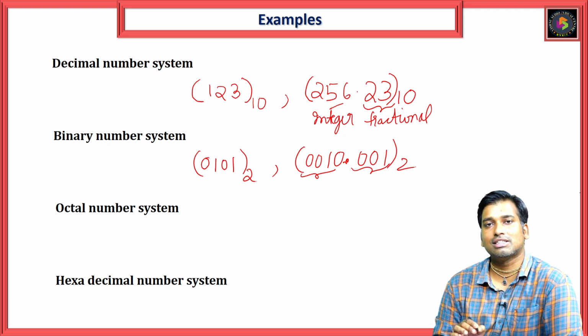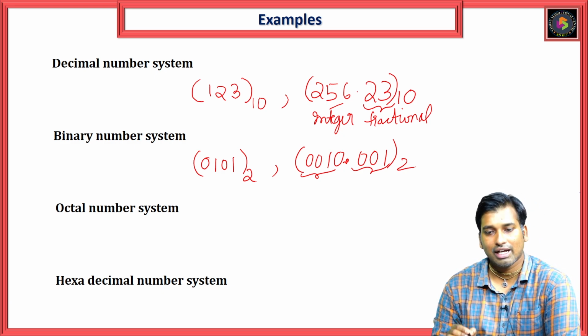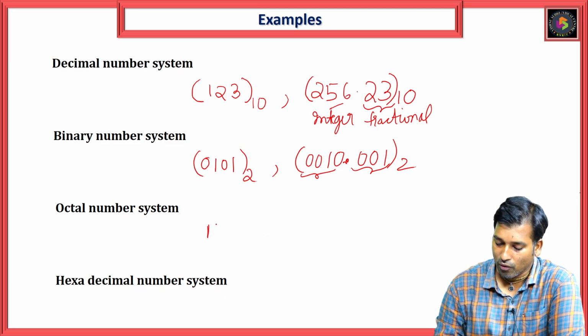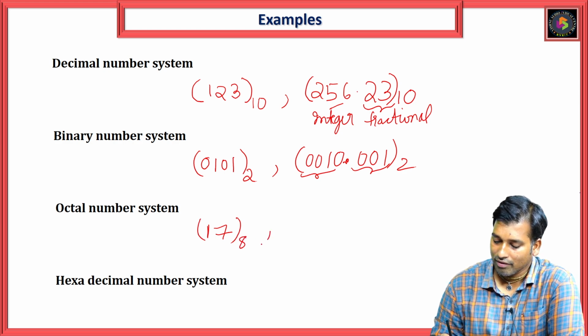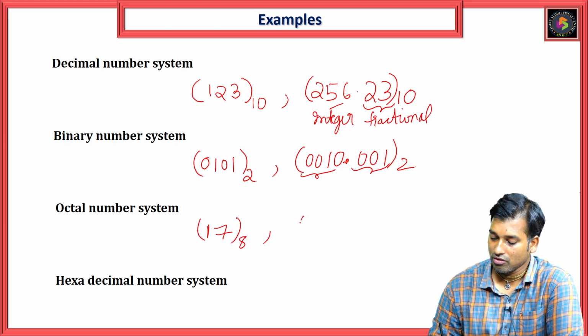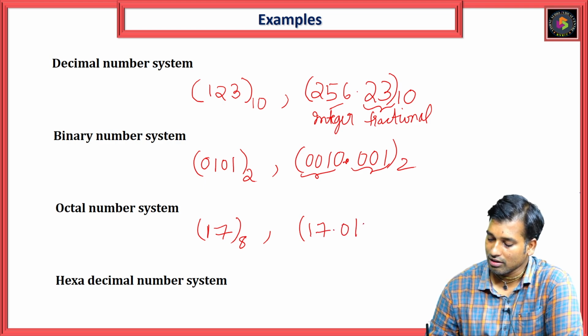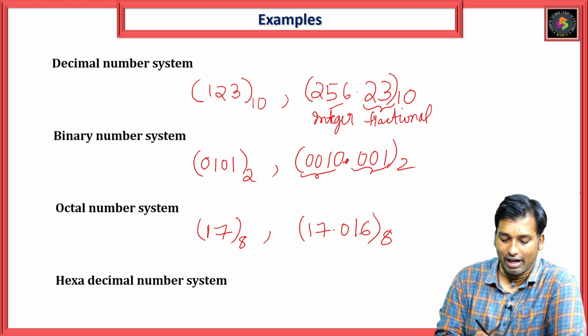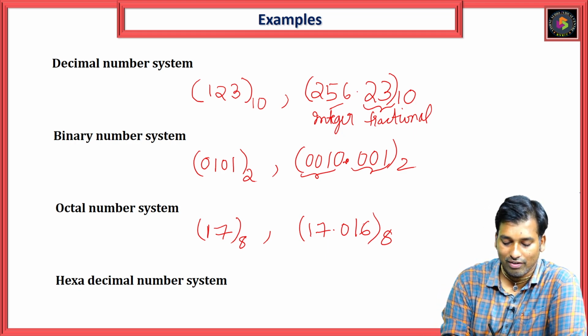As I said, it exists from 0 to 7 with a base 8. So we can write octal number as 17 base 8 with a fractional part also 17.016. This is also octal number. If someone write a number like this, let us think someone write a number 165.